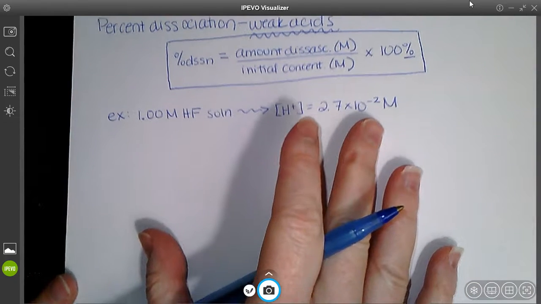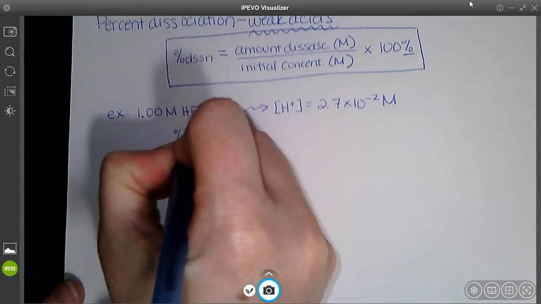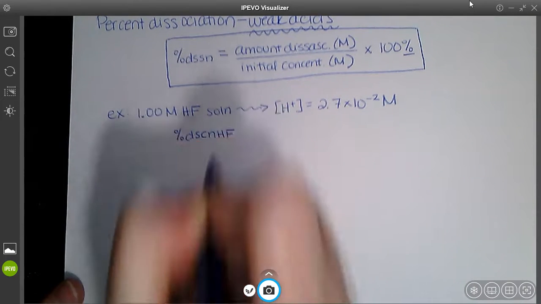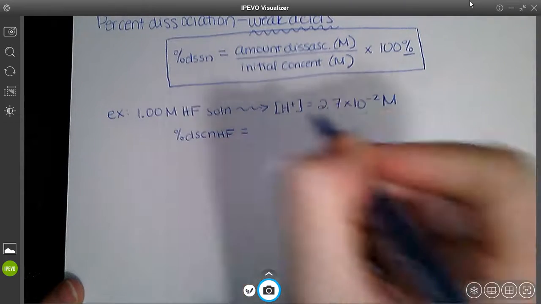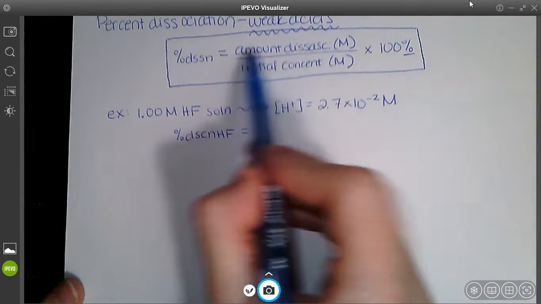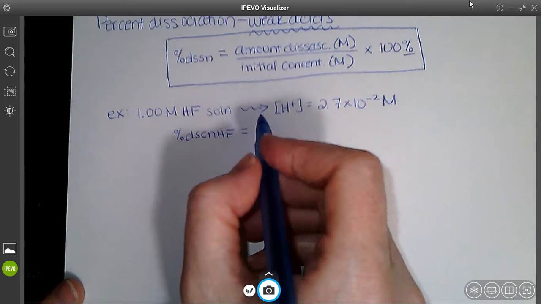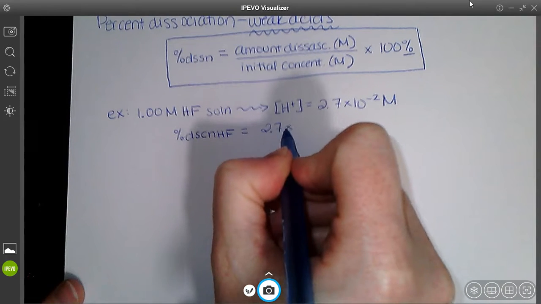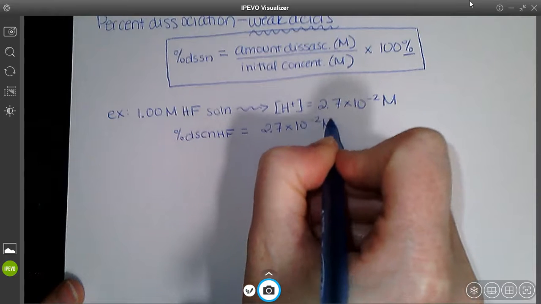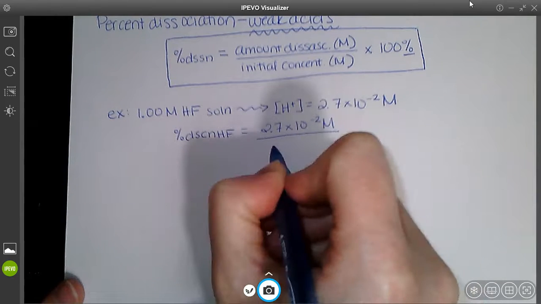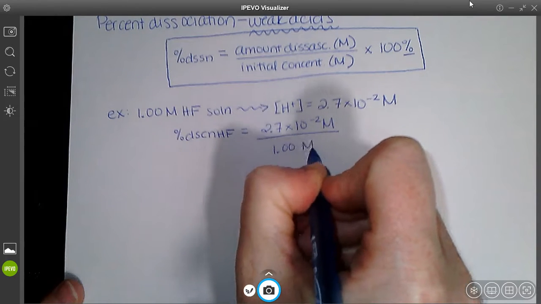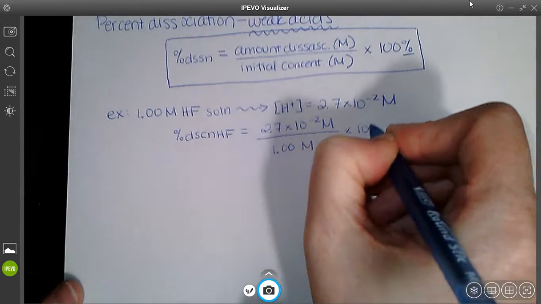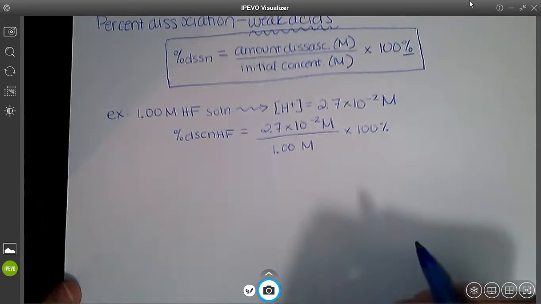So if I wanted to know the percent dissociation of HF, then that would be the amount of dissociation, or basically you can think of it as the hydrogen concentration. So 2.7 times 10 to the negative 2 molarity divided by 1.00 molarity, because that was my initial concentration of the full acid, times the 100% is just a unit, so times 100.